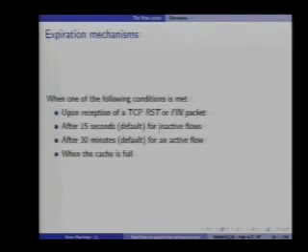And so the expiration mechanism, I said, so basically, if we are talking about a TCP packet, it is easy: when you see a reset or FIN packet, you expire and export your flow. Or after a timeout for inactive flows, meaning flows during which there have been no new packets entering the cache.